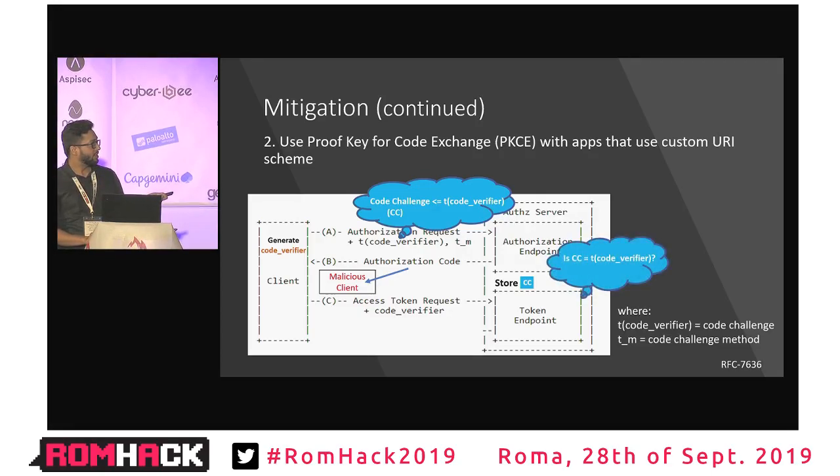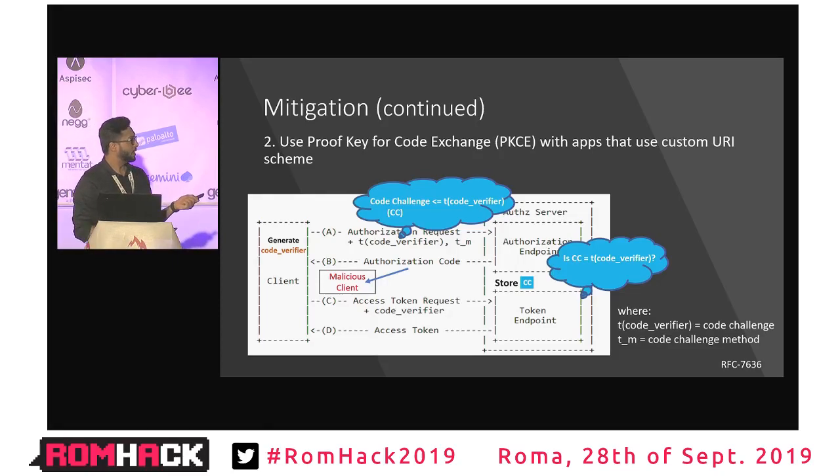So once the code verifier reaches the token endpoint, the auth server is supposed to take a hash of this code verifier value and compare it to the code challenge it saved earlier. And if both of them match, the access token is returned back. Now this prohibits the attacker, who is on the malicious client, from exchanging the auth code for an access token, because he cannot know the code verifier's value.